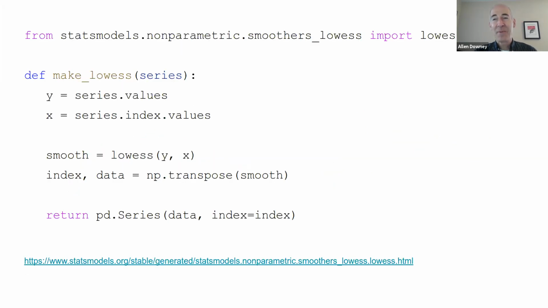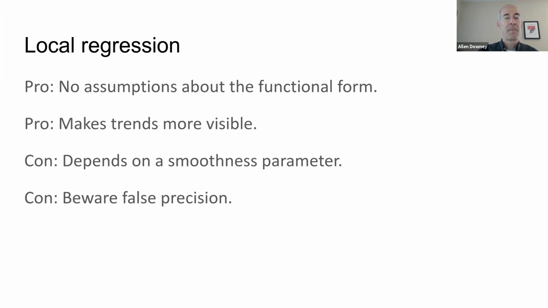The way I computed it was by calling a function provided by statsmodels. The function is called lowess, and I wrote a wrapper for it that's called make_lowess that works with a pandas series. So most of the code here is just unpacking the series to get the values and the quantities, the x's and y's, and then compute the smoothed curve, and then put it back into a series.